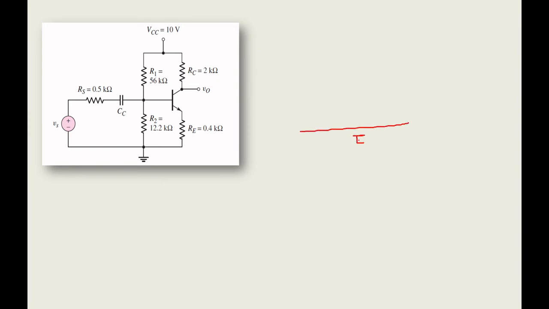So here you have an emitter, here you have a base, here you have a collector. Here the current will be IB and here the current source will be IC. Below the emitter you have RE, connected to the emitter terminal, and the current across this will be your IE, away from the terminal.